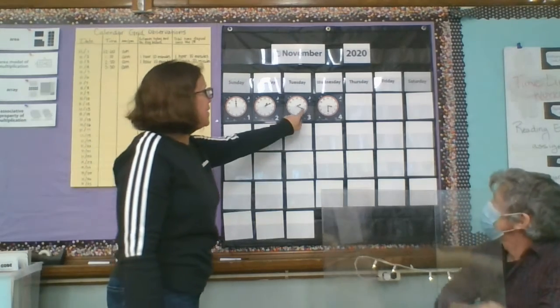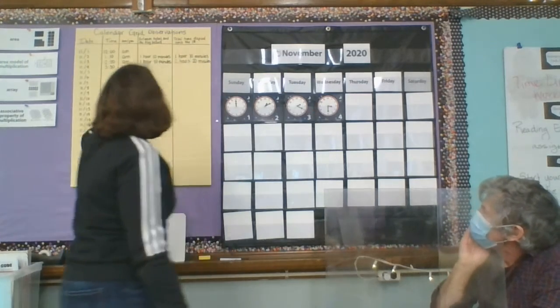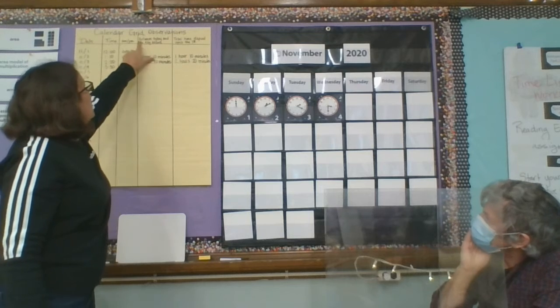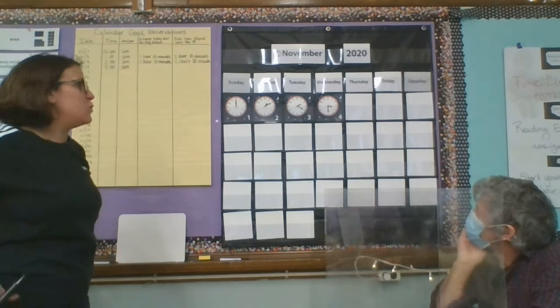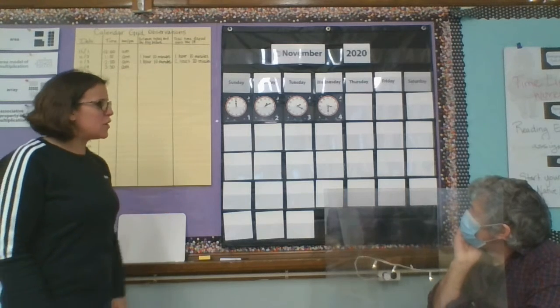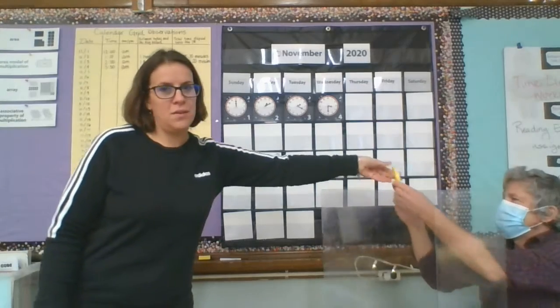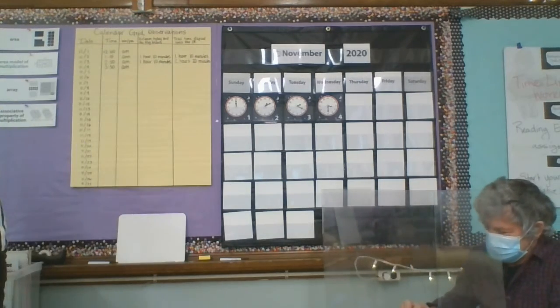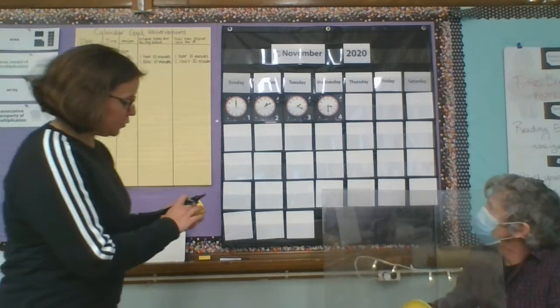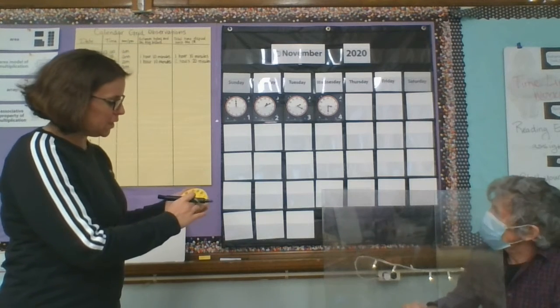Well, so let's look at from Tuesday to Wednesday, how much time has gone by between these 2 days? Do you need a little clock, Mr. M? Yes, do you have one? I do. Here you go. So what I would do is first I'd put it at 2:40.